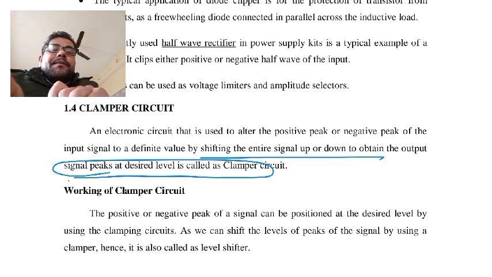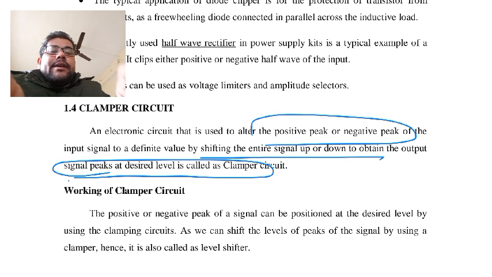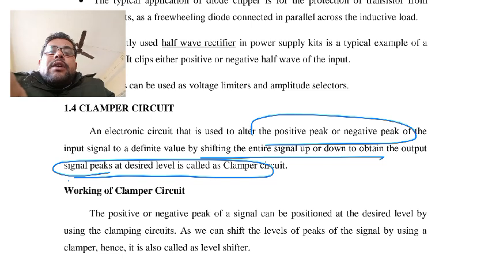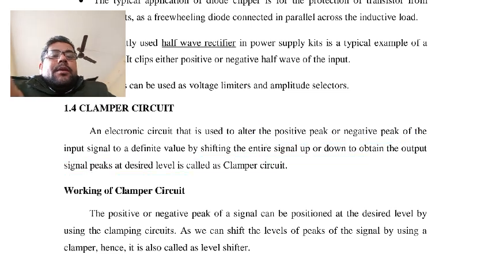Means we are not changing the signal, we are only shifting the entire signal up or down. In a clamper we are not cutting the input, but in a clipper we are removing some part of it. This is the difference you should know.